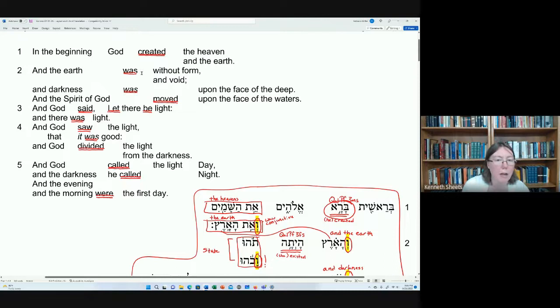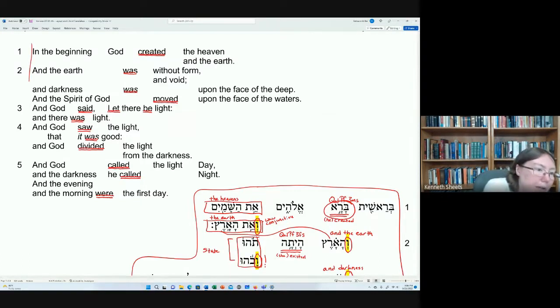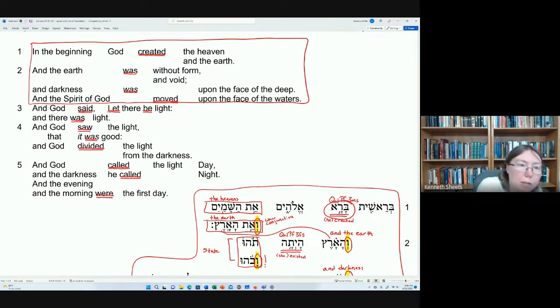In the beginning, God created the heaven and the earth was without form and void, and darkness was upon the face of the deep, and the Spirit of God moved upon the face of the waters. So all of this is one unit. So at the time of the creation, this earth at that moment was without form and void.